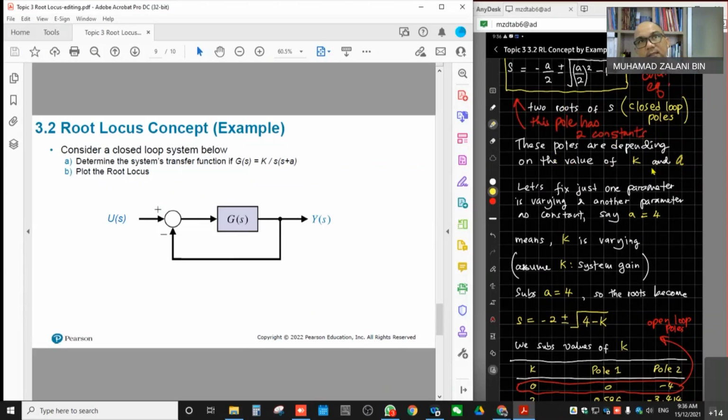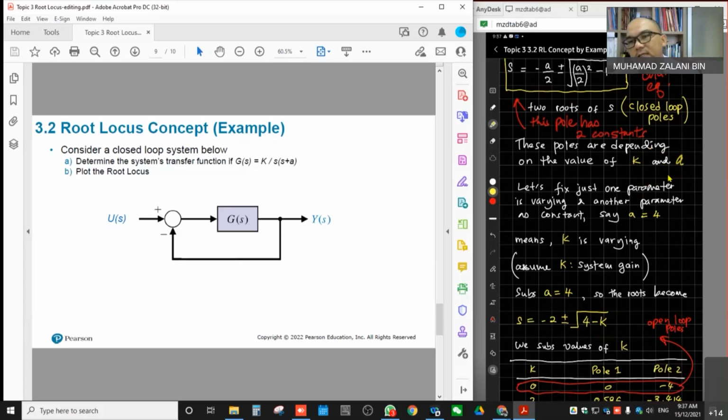In our session last week as well, we tried to vary the value of K. K is a constant, a parameter. We vary the value of K starting from 0 to infinity to draw the root locus. But we have here A as another constant or parameter.